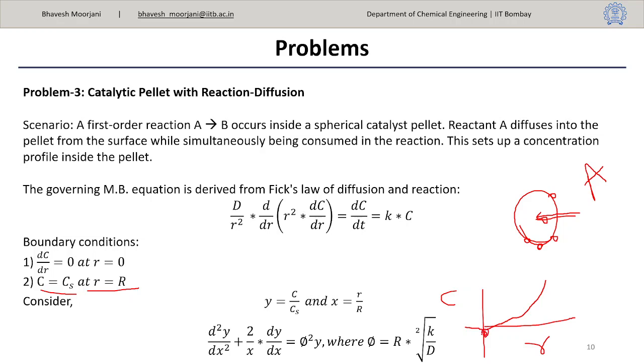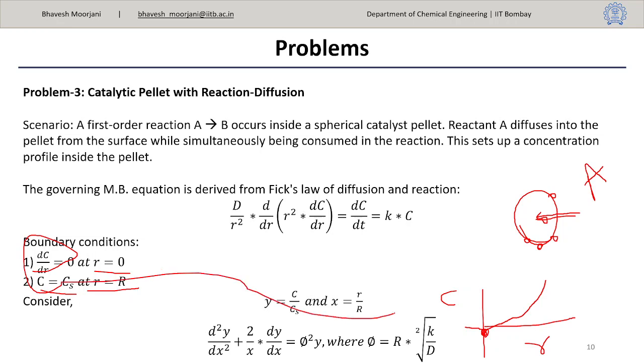Inside the core, your concentration will be minimum, but we don't know the exact value. But from the profile, you can say at the core, at r equal to 0, the rate of change of your reactant with respect to r will become 0, because this is the core part.